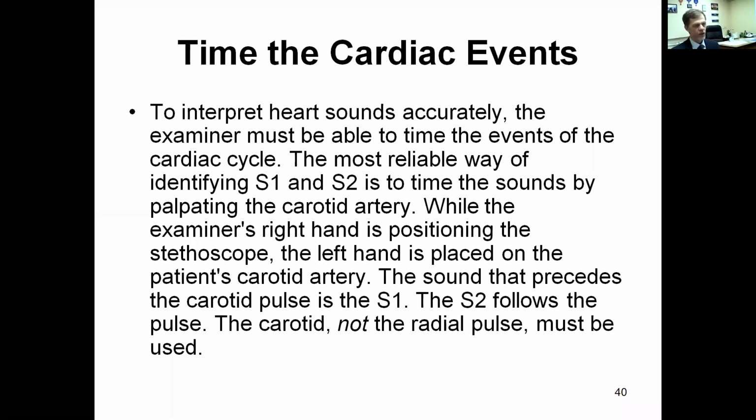The left hand is placed on the patient's carotid artery, and the sound that precedes the carotid pulse is S1. Of course, carotid, but not radial pulse must be used, because carotid is a short distance. For radial pulse, the distance is long, and you can't understand where is first, where is second.